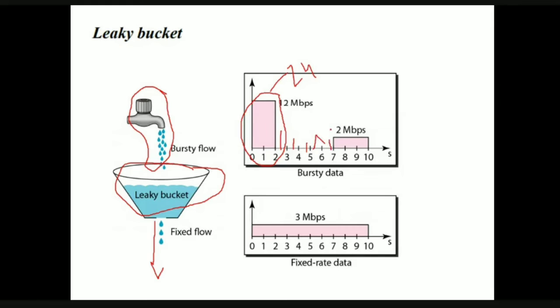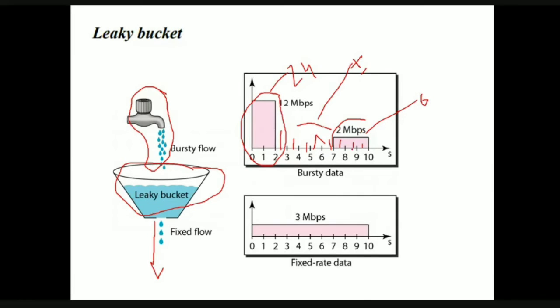For the next 5 seconds, it is idle. Then again it started sending 2 Mbps per second: 1 second, 2 seconds, 3 seconds. So total 6 Mbps.